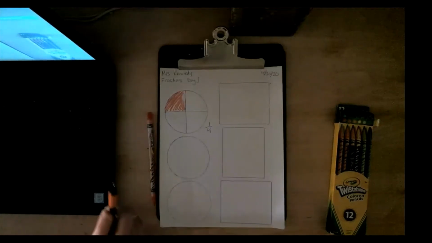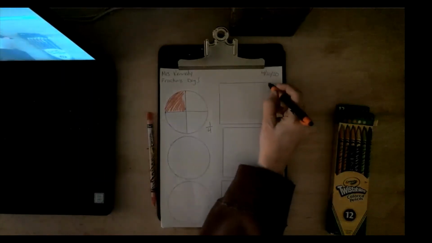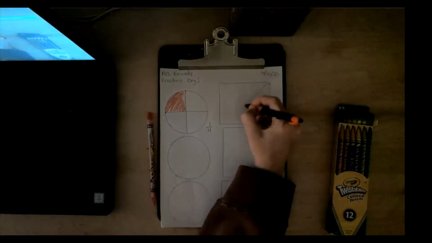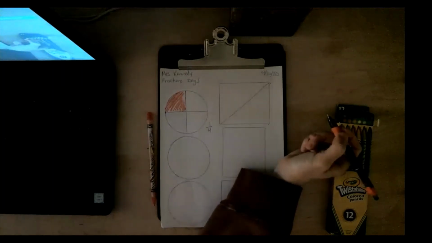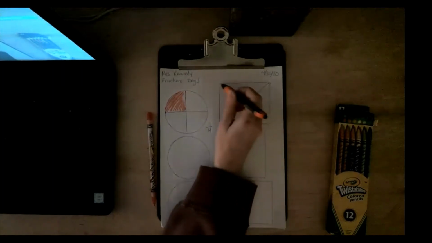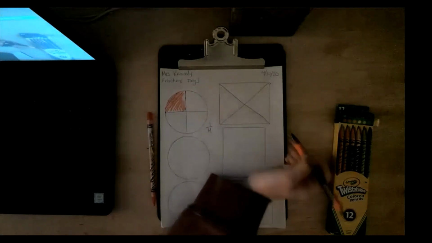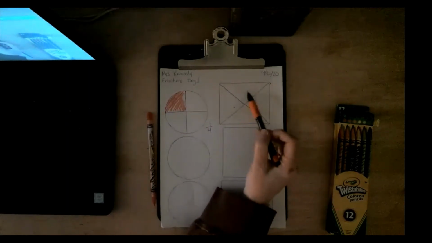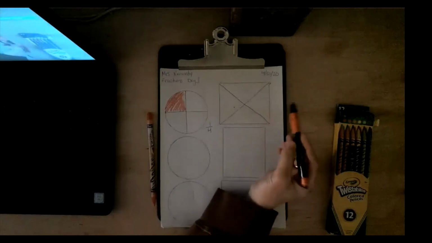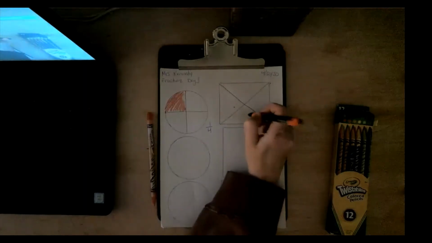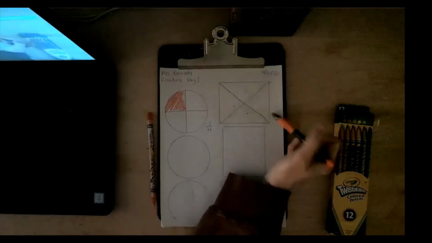Right, so now I just want you to keep going. What other ways can you divide these? Let's see, I'm going to go over here, cut it in half first. I did that last time. Oh, let me try this corner to this corner. How many equal parts did I make here?